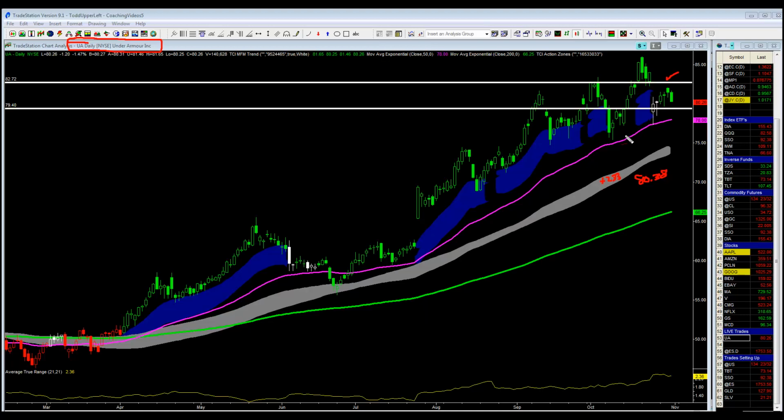The initial catastrophic stop loss is the lower white horizontal line at $79.59, risking only 79 cents to make $2.33. That's a real good risk to reward ratio, a 3-to-1 reward to risk ratio.